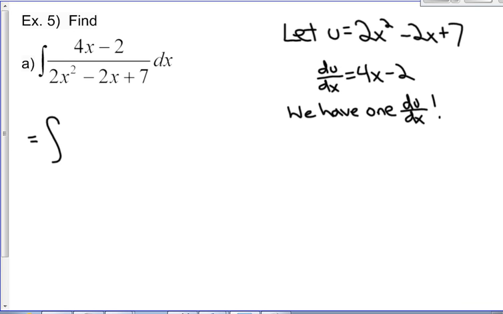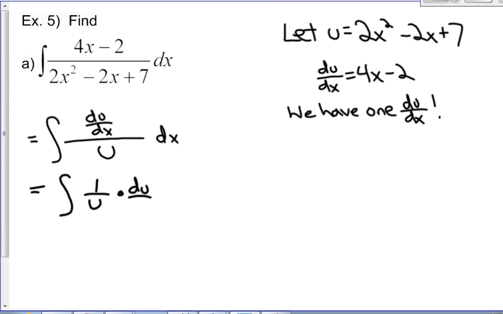So let's rewrite the integral. What's on the bottom here? That's a u. What's on the top? That's a du by dx. And these are all going to work out to be a du at the end, but I'll just show you how we get there. This is like 1 over u times du by dx times dx, or 1 over u du.